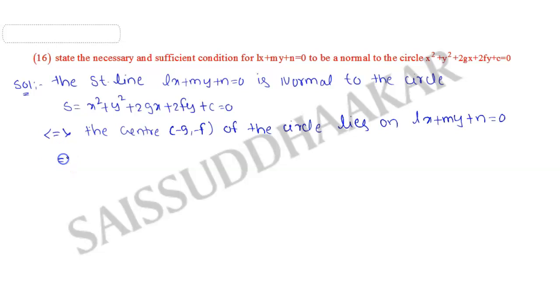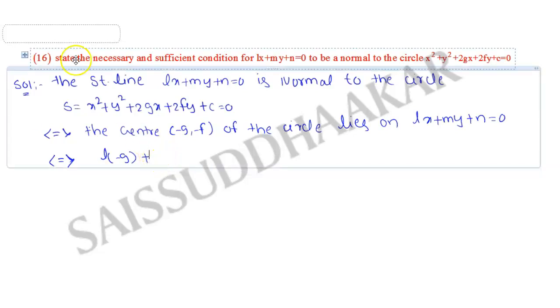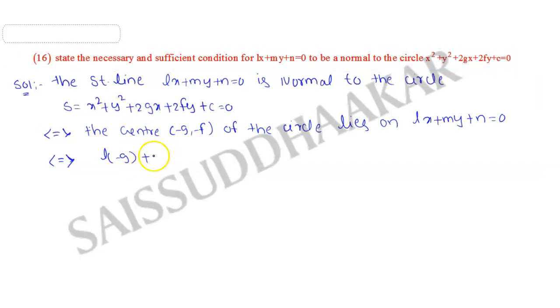So that is if and only if, instead of x write minus g, instead of y write minus f. So here if and only if L into minus g plus M into minus f plus n is equal to 0.